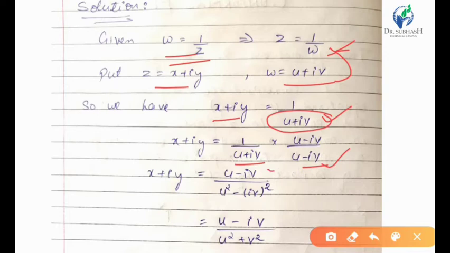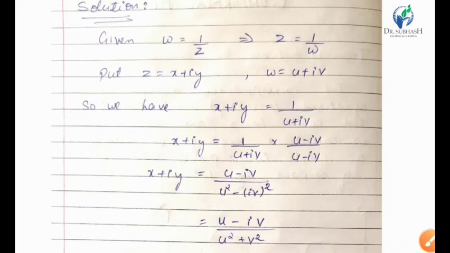So the numerator portion will be as it is. Here we can write u square minus (iv) whole square. Now again we know that i square is equal to minus 1, so minus minus turns into plus. So we get here (u minus iv) upon (u square plus v square).